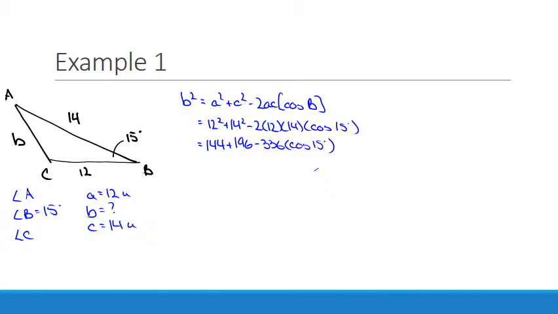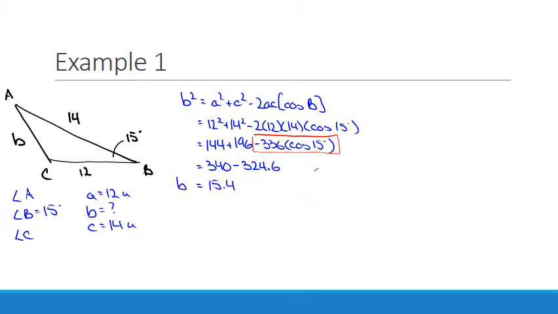Remember, the biggest mistake people make is that I've got to make sure I multiply these two numbers together before I worry about adding them to the 144 and the 196. All right, 144 and 196 will give you 340. And then once I calculate what I've put in that red box, you'll get negative 324.6, which works out to 15.4.